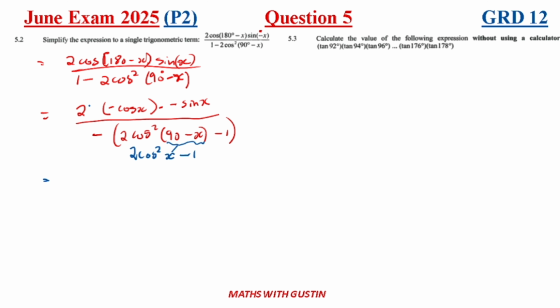Right, so at the top, I'm going to keep the same color. Let's just continue writing. Negative times negative is going to give us a positive, so you have cos x sine x all over. At the bottom here, we can change this again, because this can also be equal to cos 2x.